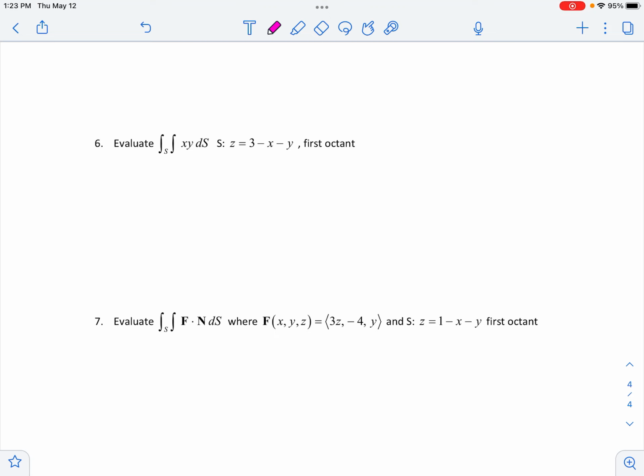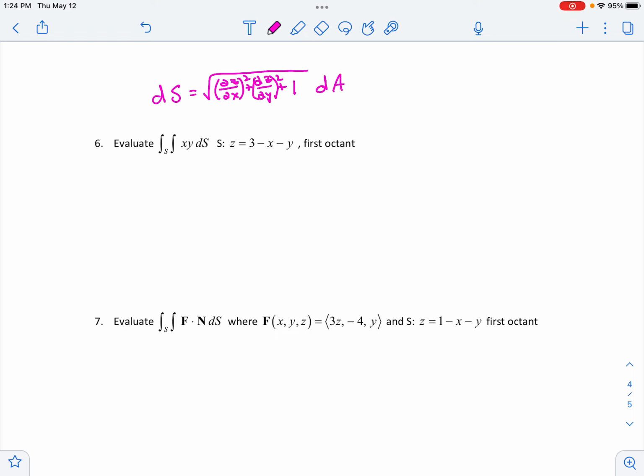Now remember, d big S is equal to the square root of partial z with respect to x plus partial z with respect to y plus 1, and each one of these is squared. So let me put a square in there. And then dA.